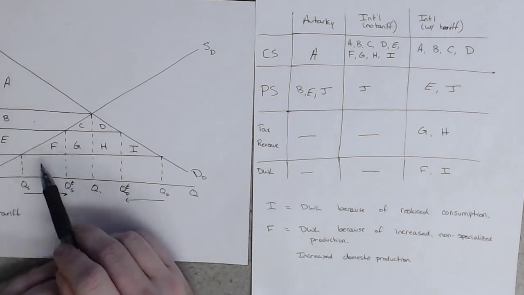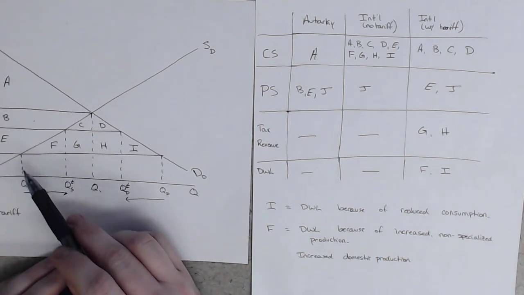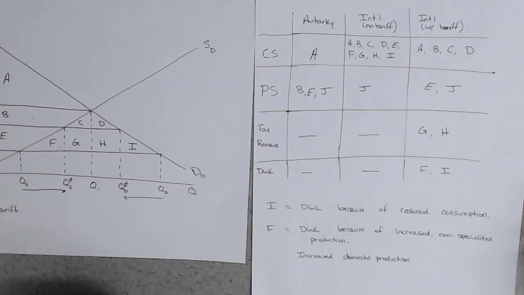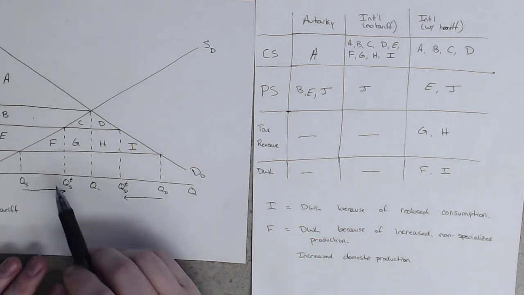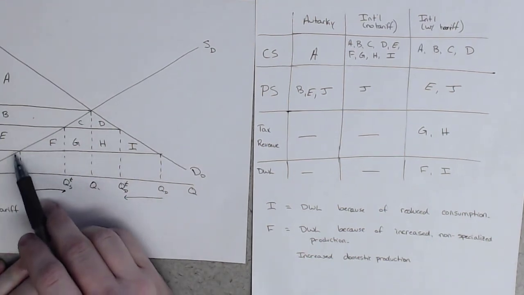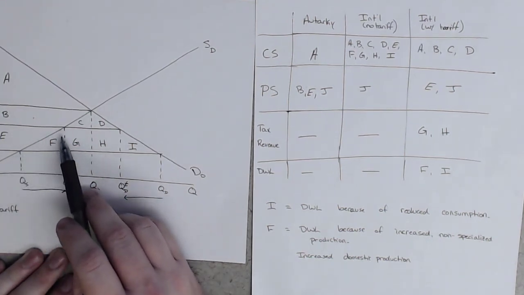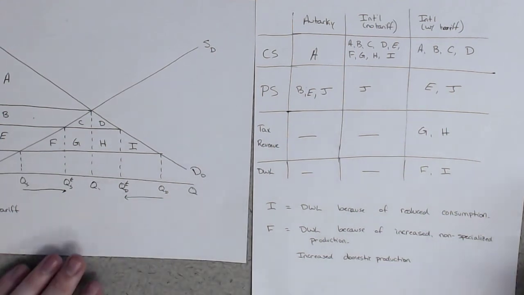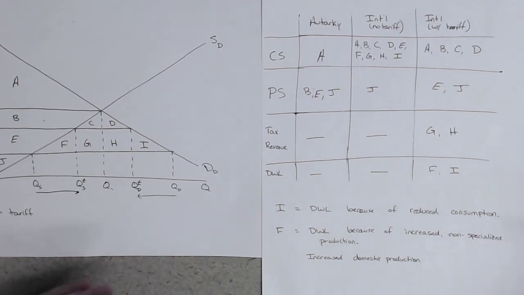And so this F right here would be the value of the resources that I waste building a car, because I'm not good at it. Same thing here: these are the value of the resources that American producers waste producing things that they're not as good at producing.